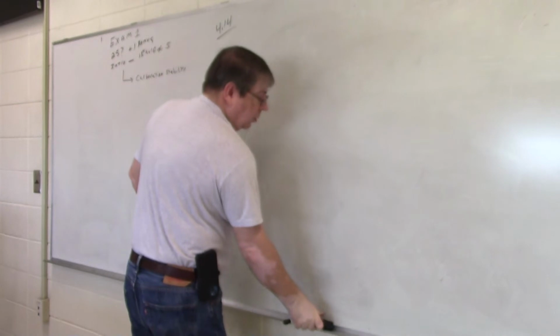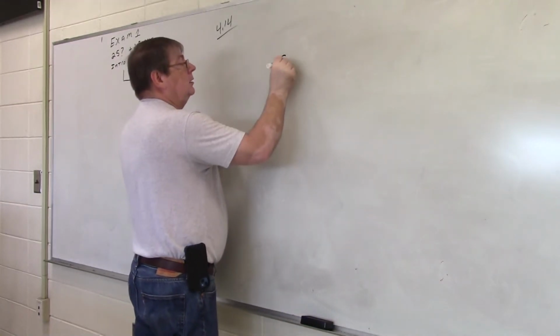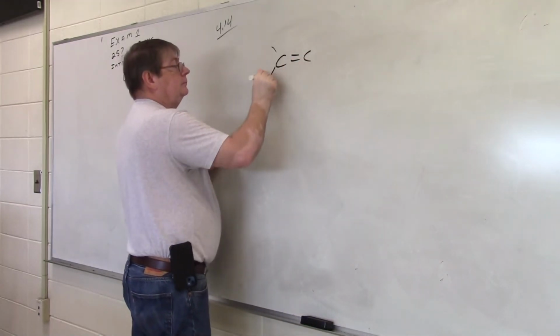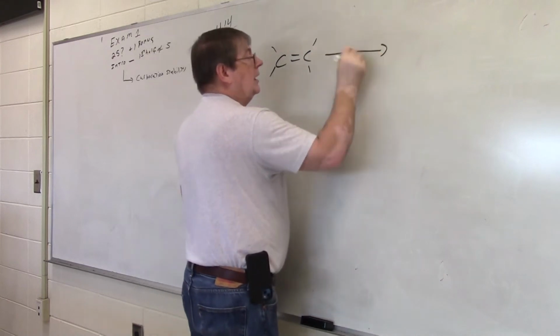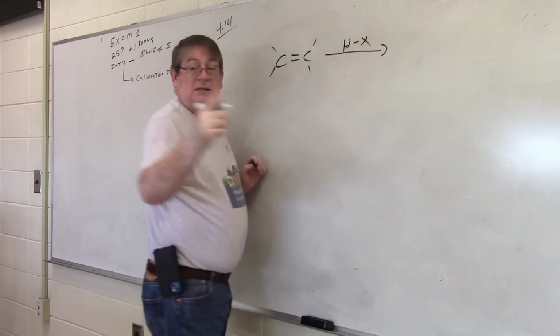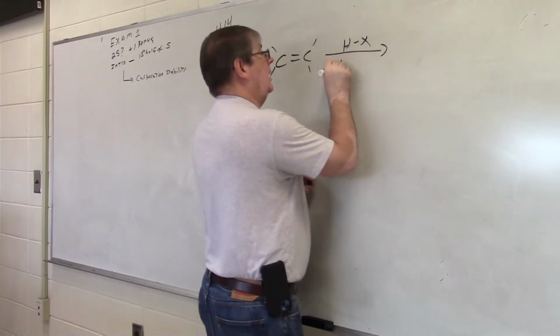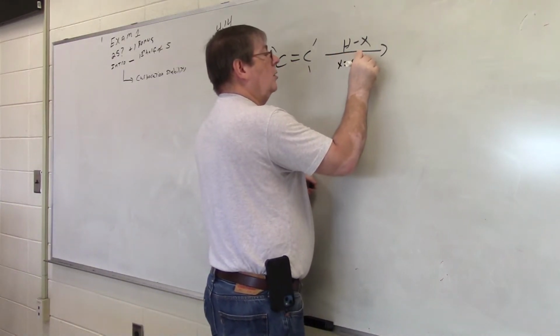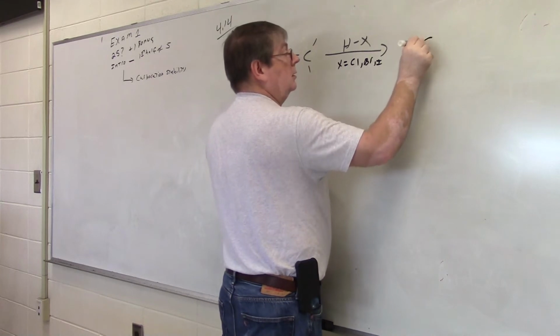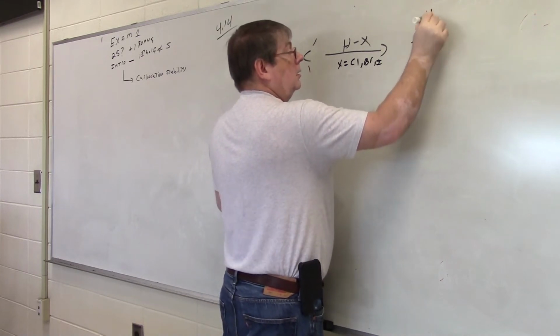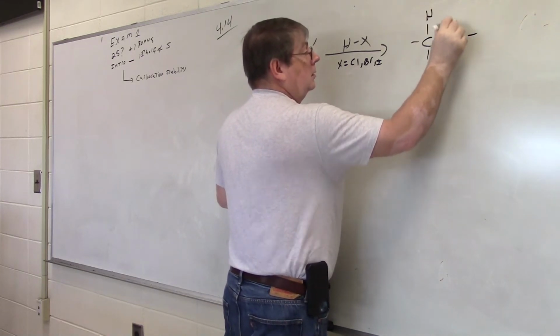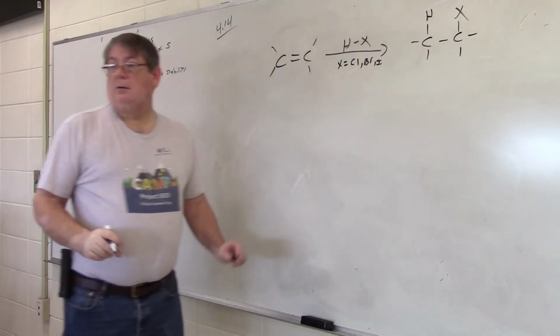And up to this point, what have we learned that we can add to an alkene? We can add HX, where X is Cl, Br, or I. Okay, very good.